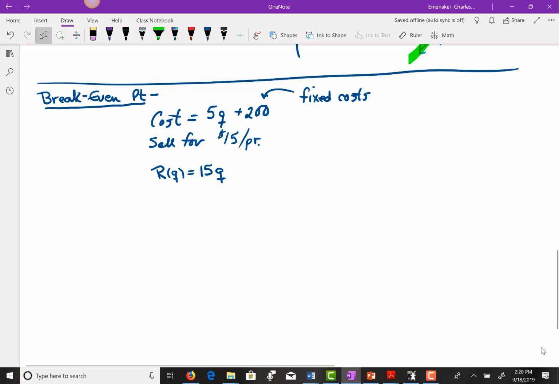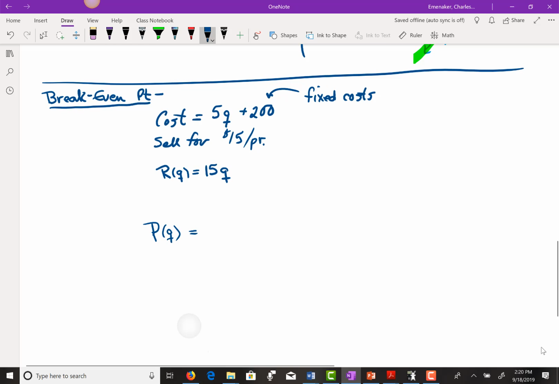Now what you're really concerned about is your break-even point. That's where the profit equals what? 0. So the profit function is going to be, what's the equation for profit? Cost and revenue, and it's going to be revenue minus the money that comes in minus the bills you got to pay.